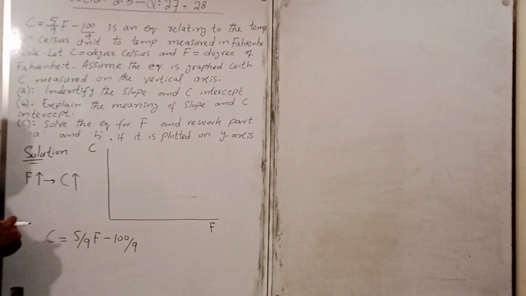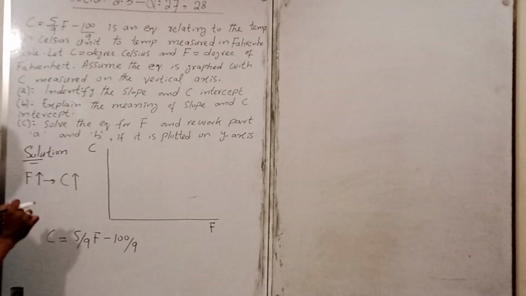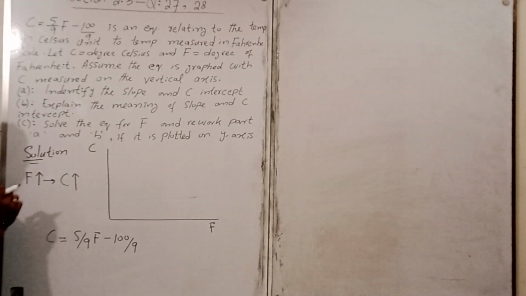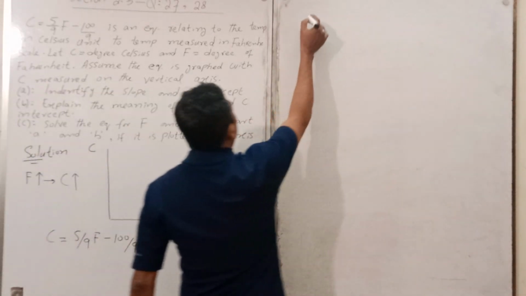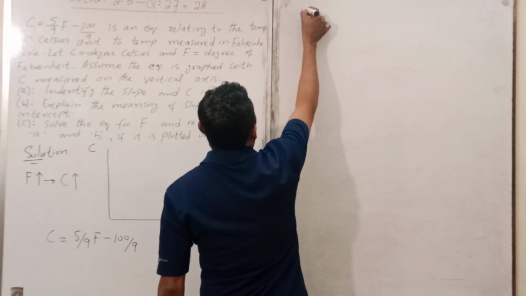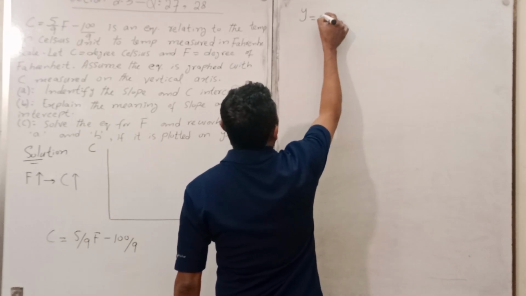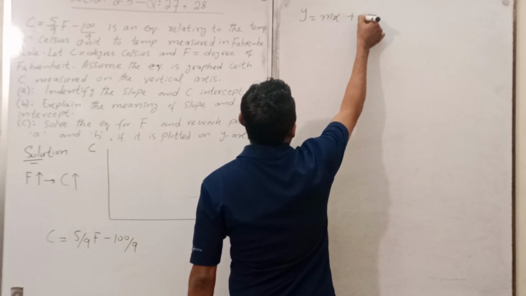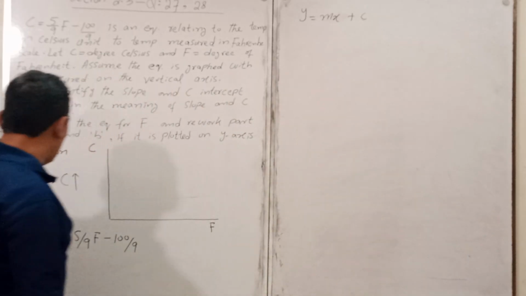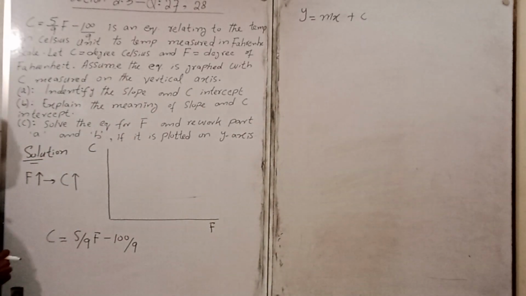Okay, look at this one further. You need to identify the slope and intercept. As per our given standard form, y equal to mx plus c, compare this equation here.